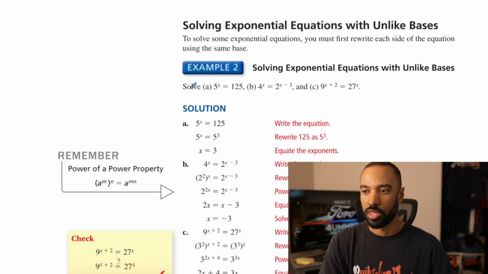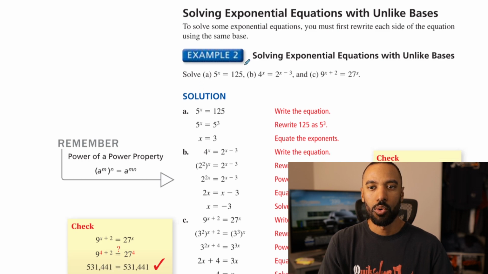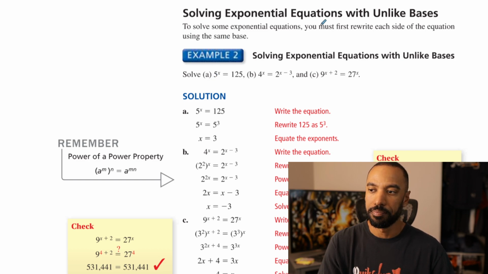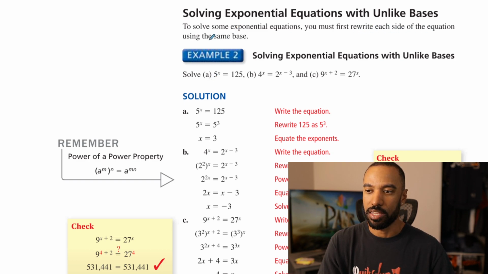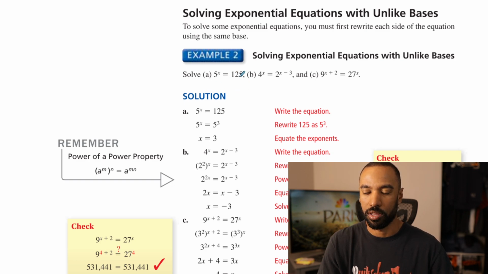The next portion, I believe, yes, right here, is where we have to get some bases to be alike. We have to match them. We have to make them the same, but they might start not alike, and maybe there's a way that we can get there. So in this first one, rewrite each side of the equation using the same base. It says 5 to the x equals 125.